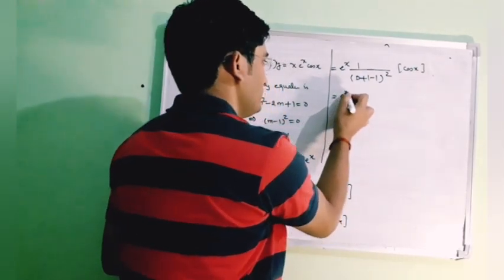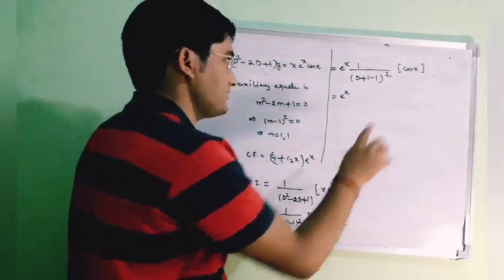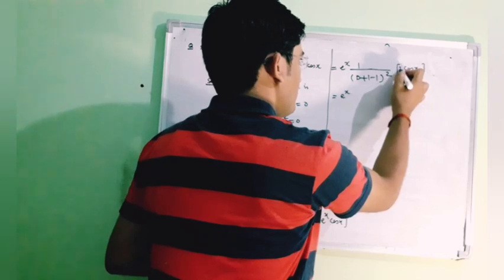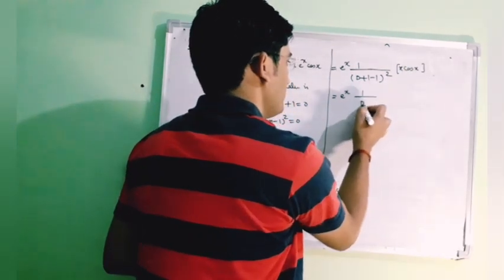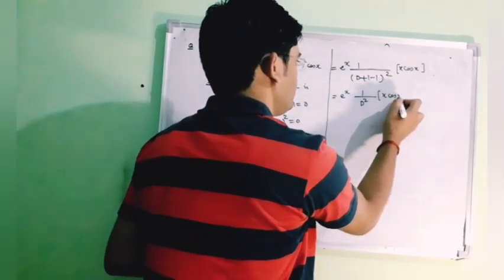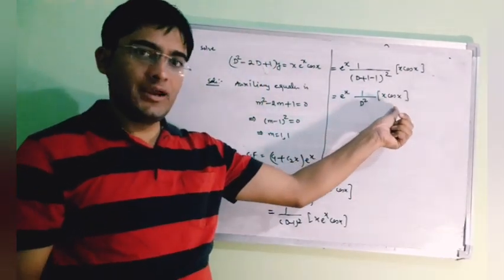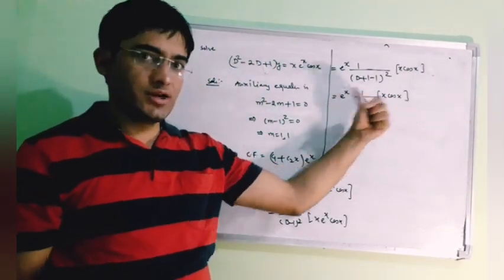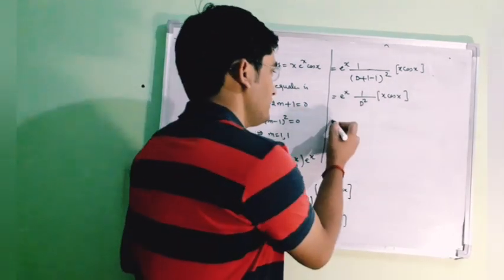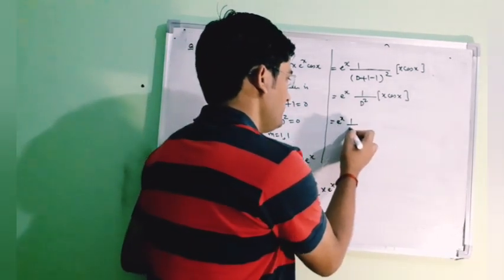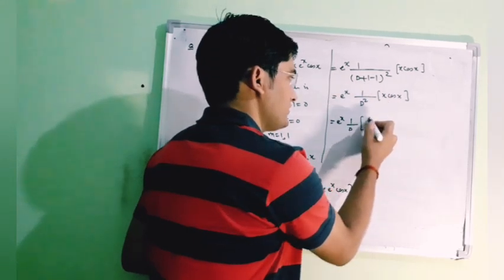So this is your e to power x, x is also there, so we have x cos x, and it is your 1 upon d square of x cos x. That means we have to integrate x cos x 2 times with respect to x. So this is equal to 1 upon d, one time integration of x cos x.